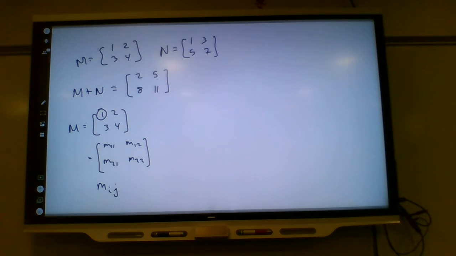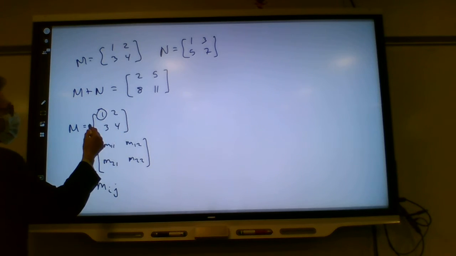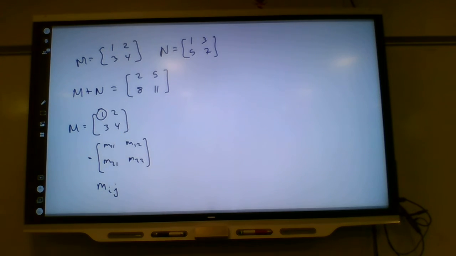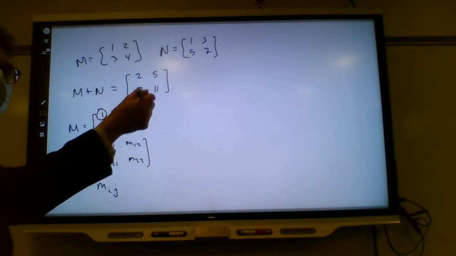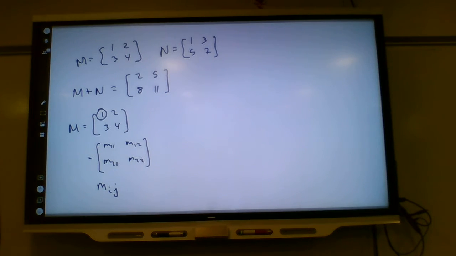Now, if you think about a matrix in terms of creating a matrix class, what could we do? We could describe the dimensions, the number of rows and the number of columns, and then just give all the data. Say, I have this many rows and this many columns, and then here's all the data. We can do that.